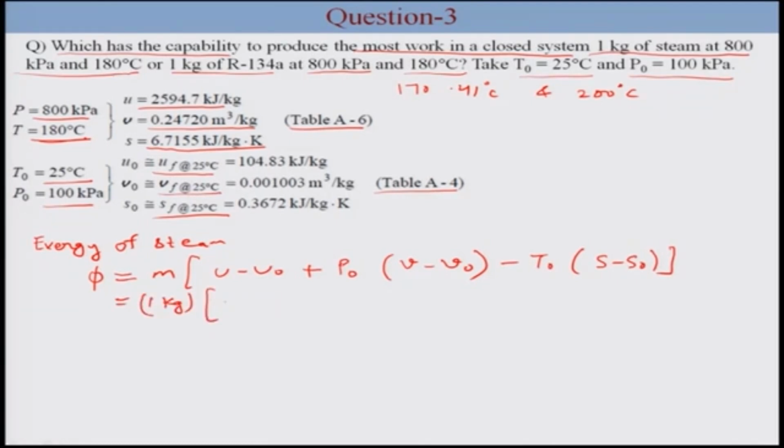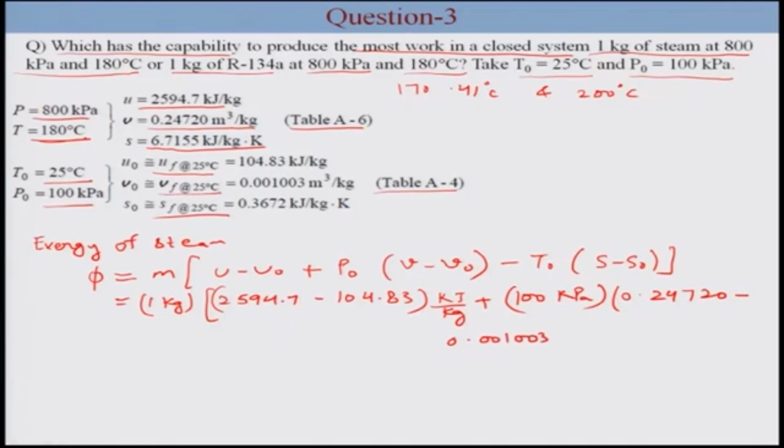U is 2594.7 minus U0, which is 104.83, plus pressure, which is 100 kilopascal, times V minus V0, which is 0.24720 minus 0.001003 meter cube per kg.